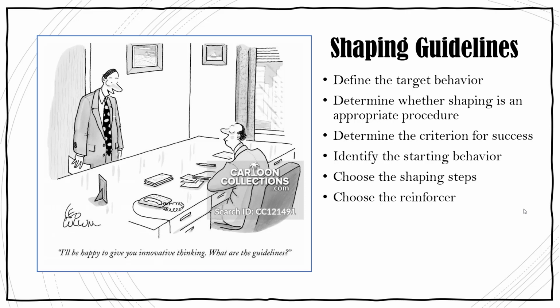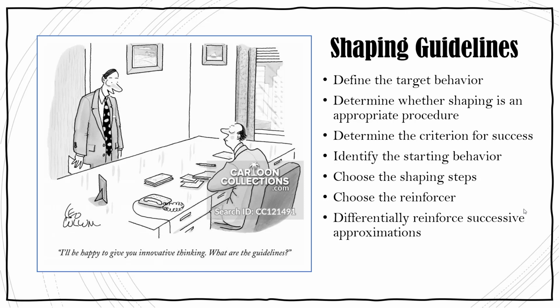So this is a challenge. You don't want to make the steps too difficult or too far apart, because it can be too challenging for the learner, and you don't want to make them too close together, because it can be too easy for the learner. That's kind of why we say that shaping is an art. Choose your reinforcer. Make sure it's something that the kid really wants, and then, like we talked about earlier, differentially reinforce those successive approximations.